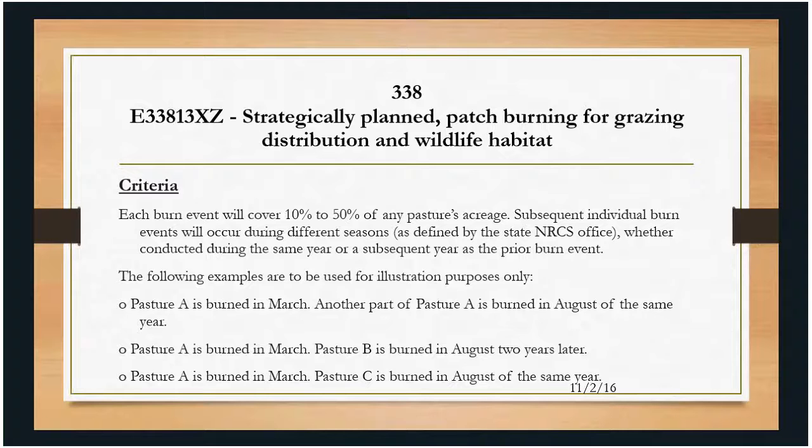Or pasture A is burned in March and pasture C is burned in August of the same year. All of these are allowable, but they all contain this principle of having at least 2 burns, and they're at different times of the year, therefore having different effect.